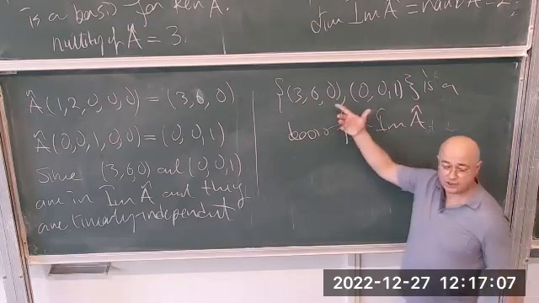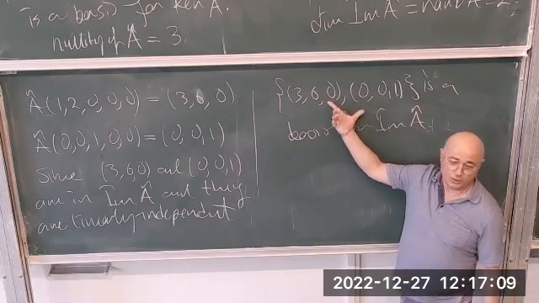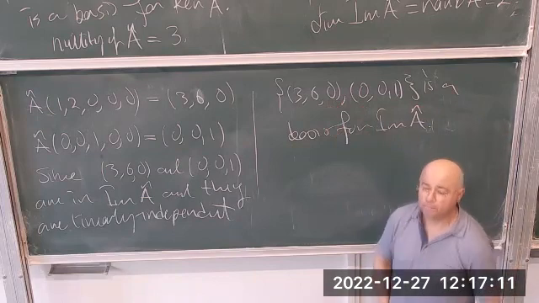Yani imajdaki her şey bu iki vektörün linear combination. Tamam mı?